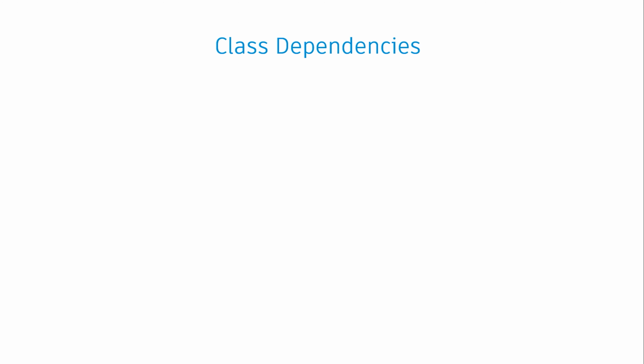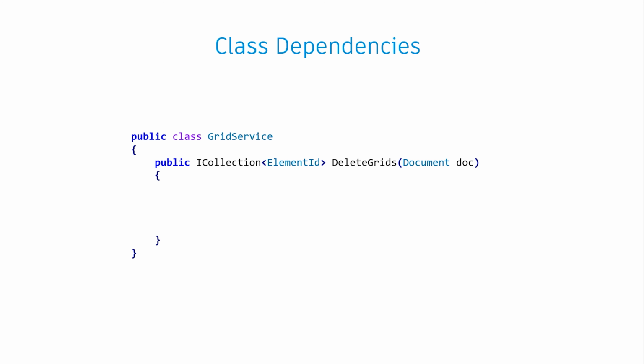And this is how the code would look. In the DeleteGrids method, inside of the GridService, we have the instantiation of the grid collector taking place. Then this grid collector collects the grids from the project. Then it deletes the grids.